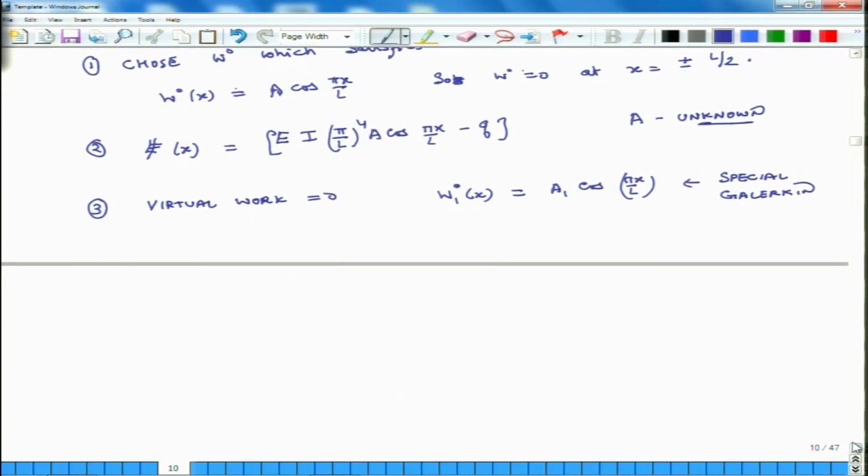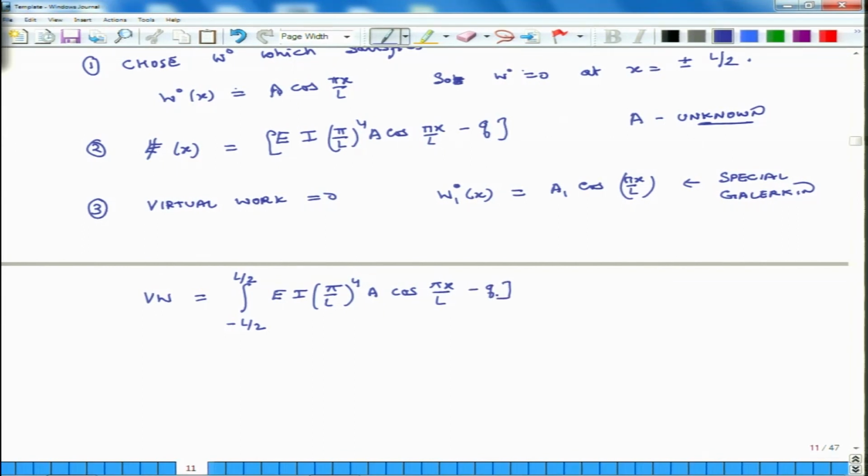So, if that is the case, then virtual work is what? Integral from minus L over 2 to L over 2 of error times virtual displacement. So, error times (pi over L)^4 times A cosine pi x over L minus q.